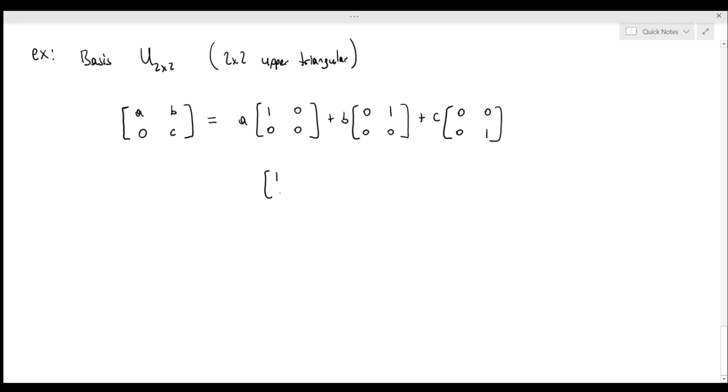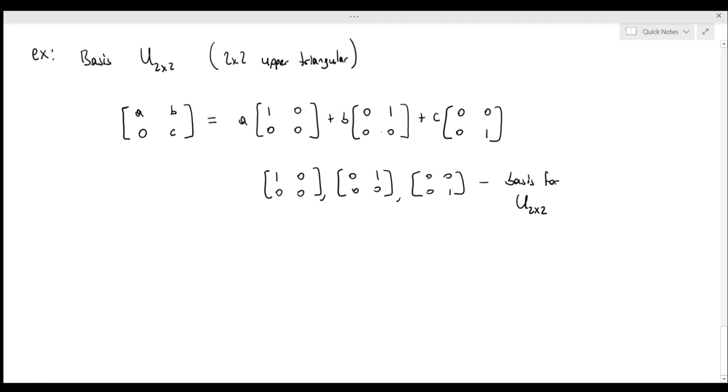So then these three matrices will give us a basis for the space of 2 by 2 upper triangular matrices. They automatically span the space already, because here we already show that every 2 by 2 upper triangular matrix is a combination of them.